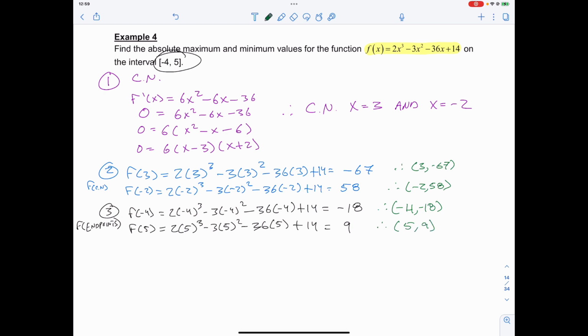And all I need to do from this is look for the absolute biggest and absolute smallest y value I got from these 4 points. Well, the biggest y value is 58. The smallest y value is -67, which means that this is the absolute min, and this is the absolute max.